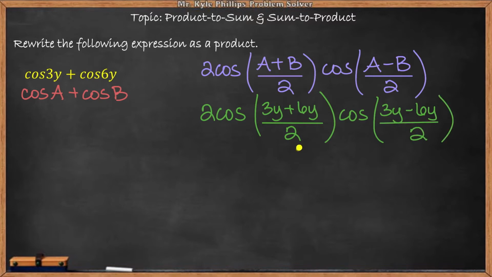Now what I do is I'll evaluate what's inside my parentheses. So I have 2 cosine. So 3y plus 6y is 9y, and 9y divided by 2 is just 9y over 2.